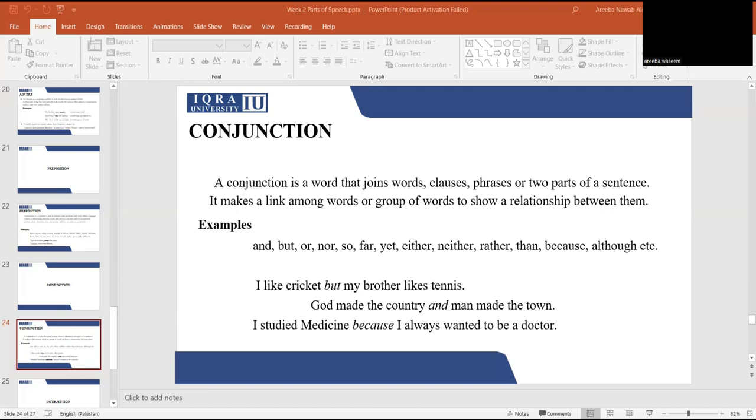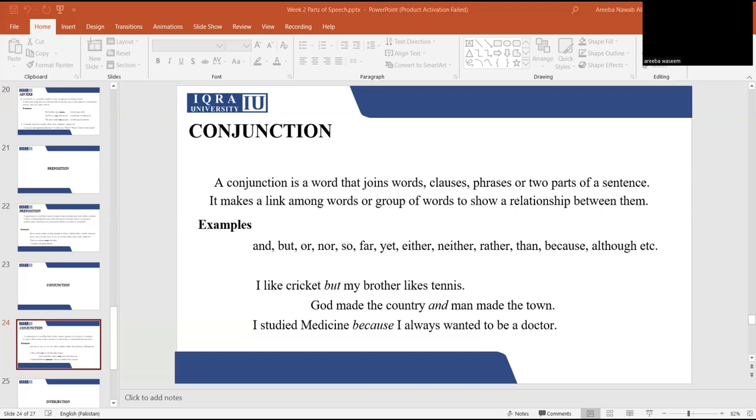It is a complete sentence. And so is my brother likes tennis. My brother likes tennis is also a complete sentence, even if we remove all the things that are before it, right? So both of these sentences are independent sentences, and we are joining them by a word, but.